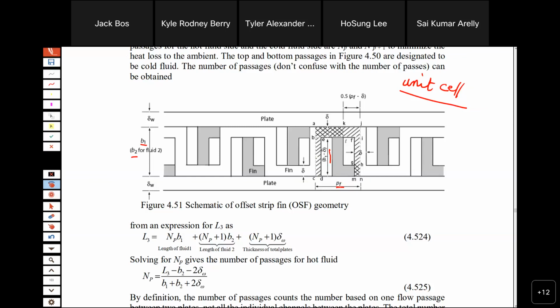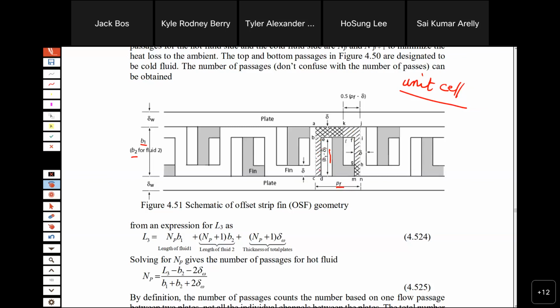In order to figure out the heat transfer area, we need the open area. So what is the open heat transfer area? It is the shaded region. You have to have some speculation.